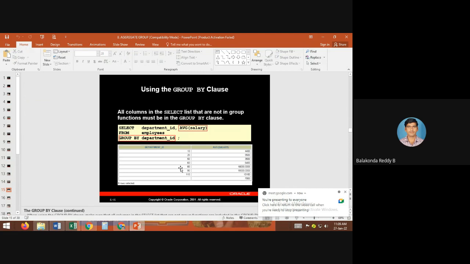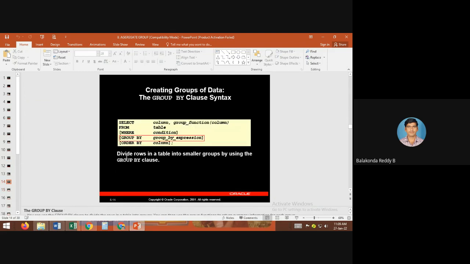Divide the rows in a table into smaller groups by using the group by class.